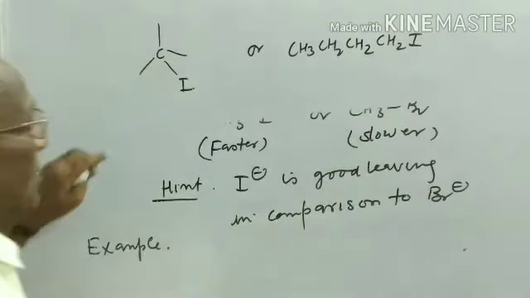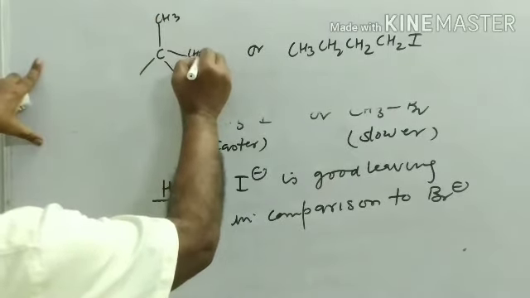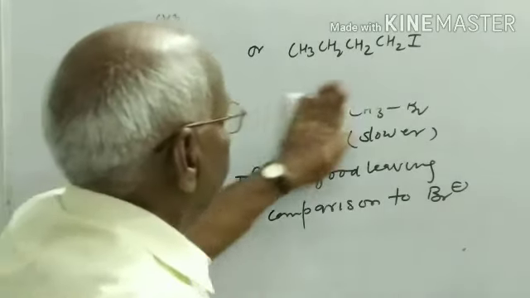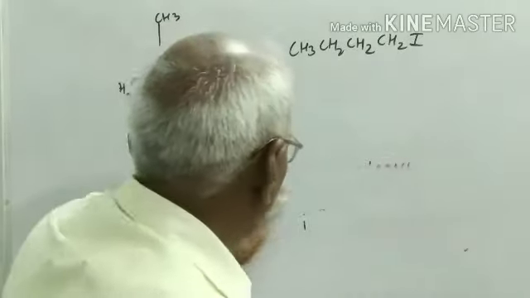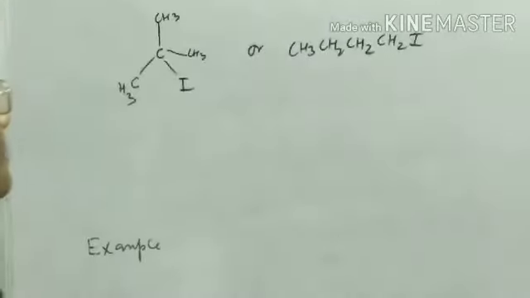This is isomeric, it is CH3, this is CH3, this is CH3. Which will go faster towards SN2 reaction? The example is very simple.